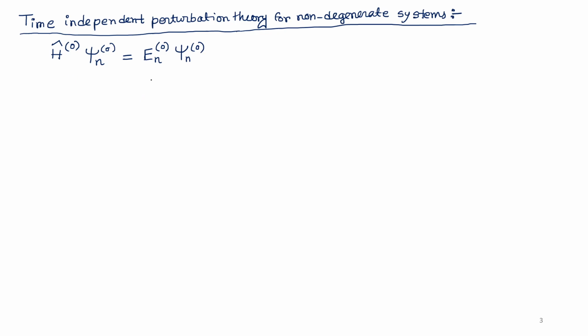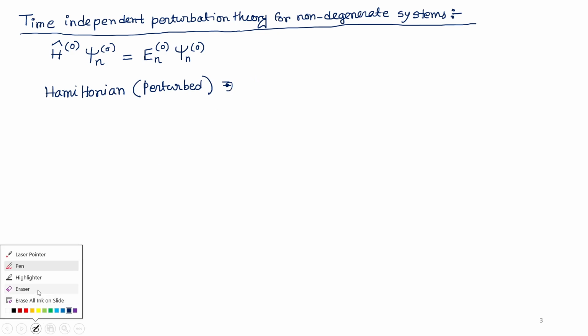So this is when there is no perturbation. Now suppose your Hamiltonian is perturbed. Perturbed means a very small perturbation, not much.